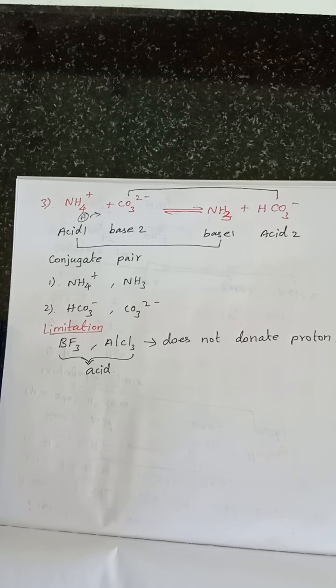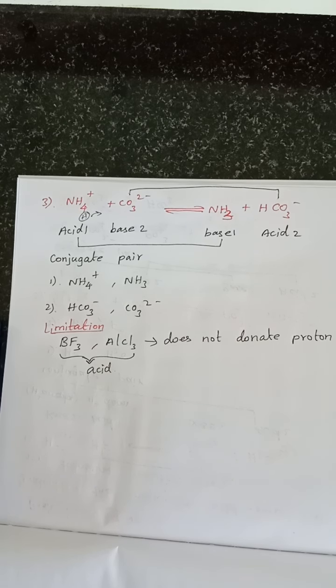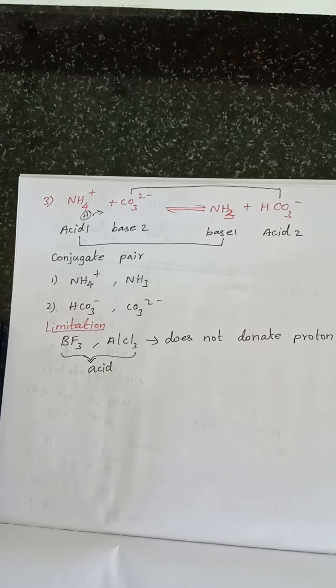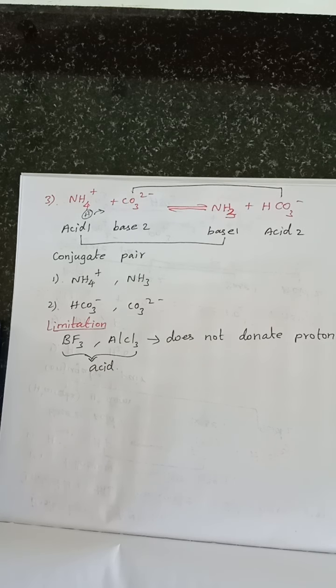So this is one limitation of the Lowry-Bronsted theory. Substances like boron trifluoride and aluminium trichloride do not donate protons, yet they show acid character, but they are not proton donors. So this is the Lowry-Bronsted theory.